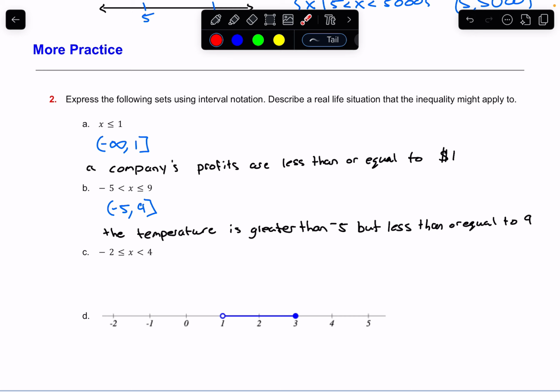All right, part C. -2 is less than or equal to x is less than 4. As an interval, we would include the -2, so a bracket on -2, but not include the 4, so a parenthesis on 4. And when I see this one, I had a little bit of trouble coming up with something too accurate. But what I was thinking is it's tax season right now. At the time of me recording this, we're in early March.